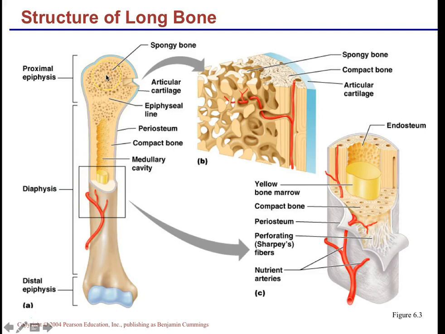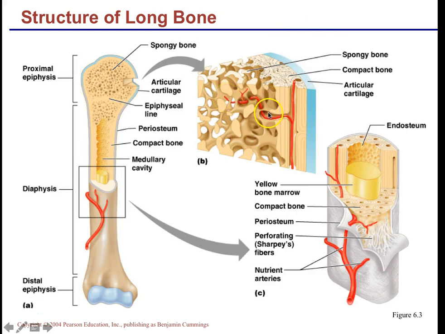The red bone marrow can be stored in the top and bottom epiphysis. Every part of the skeleton is made of living cells, and therefore the living cells need a source of blood.